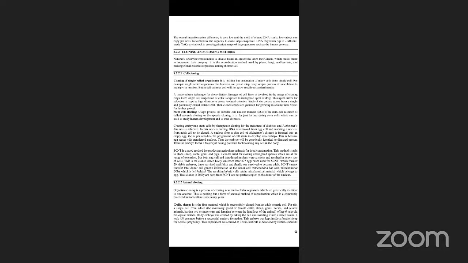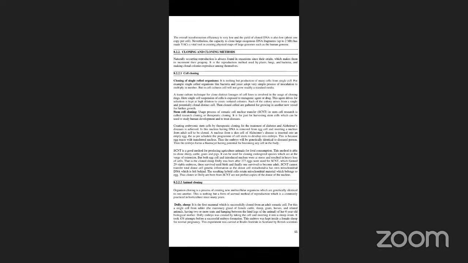That means the nucleus in the egg was removed, and this nucleus was introduced there. So from the biological mother only it was taken and inserted into the sheep ovum. After 434 attempts, it was successfully done. So a female sheep was born through normal pregnancy.